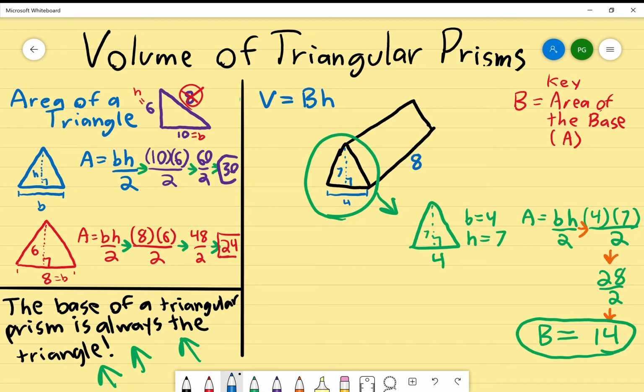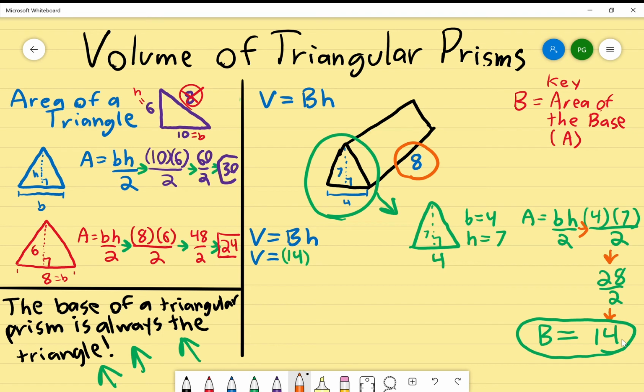Remember, your formula is volume equals uppercase B, base, times height. You just found out that the base is 14. So volume equals 14, but what about the height? Super easy. The only number that you haven't used yet is the 8. The height is the length of the prism.